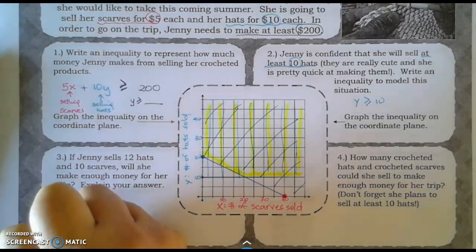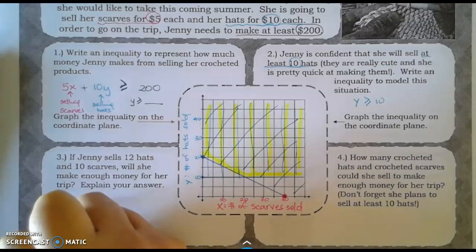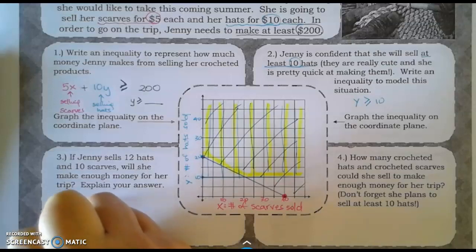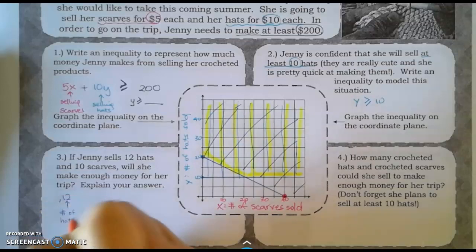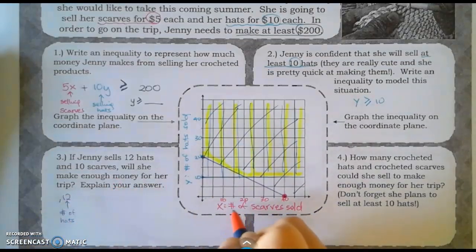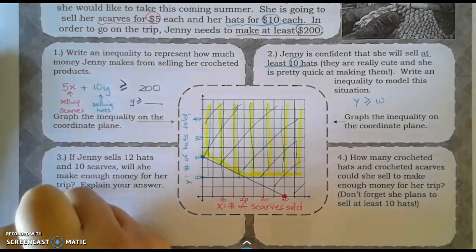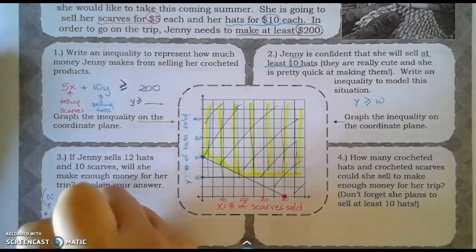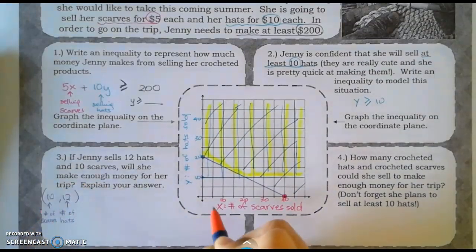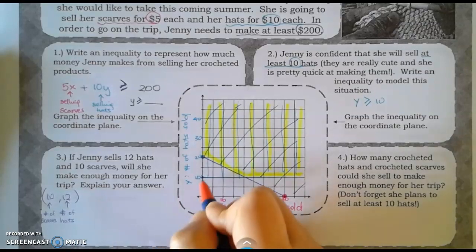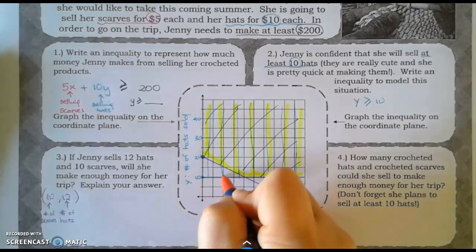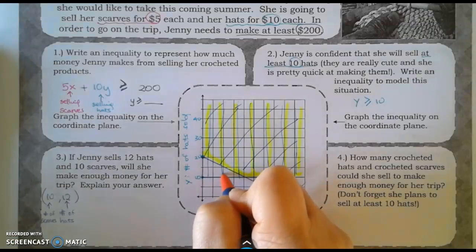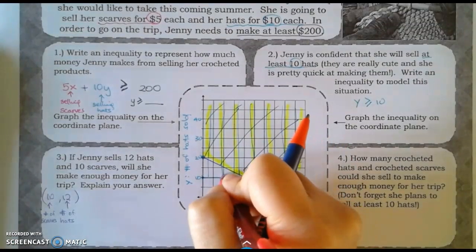And the number of scarves is my X coordinate, that's 10. So that's my coordinate, X and Y, so we're looking for 10, 12. 10, 12 is going to be right here.